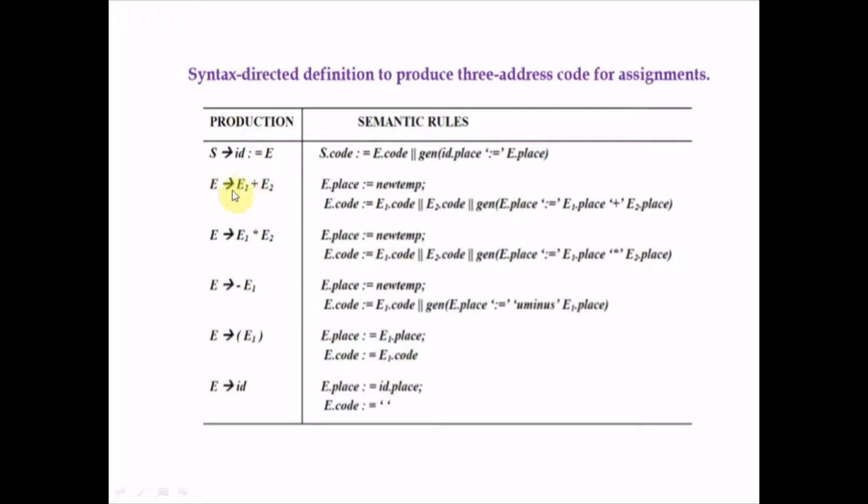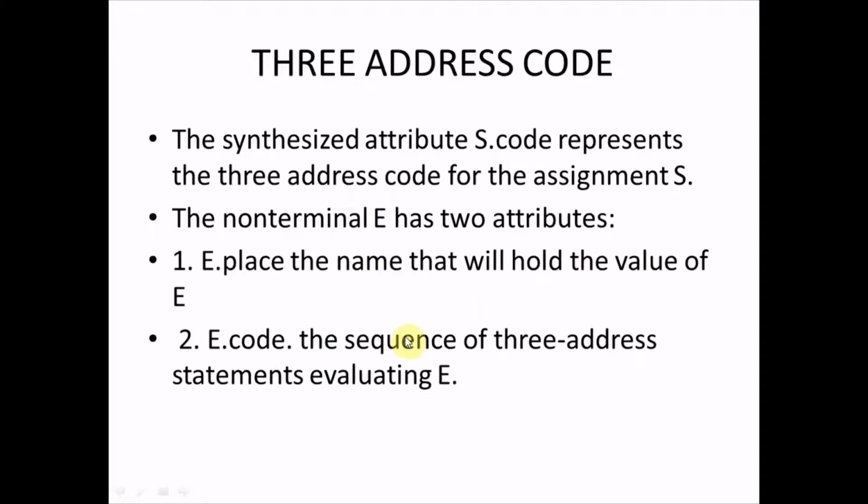Then E to E1 plus E2, that is E.place equal to new temporary value, that will be E.place. Then E.code. What is E.code? E.code is sequence of three-address statements evaluating E. How is the E value evaluated?